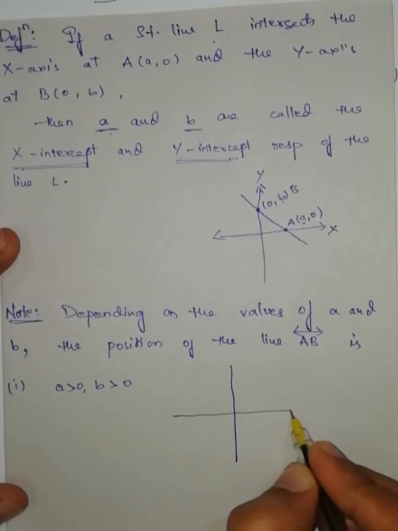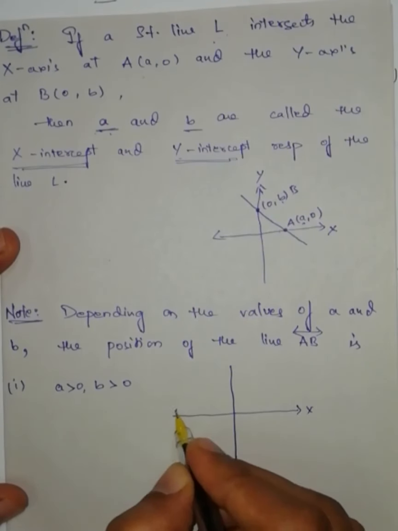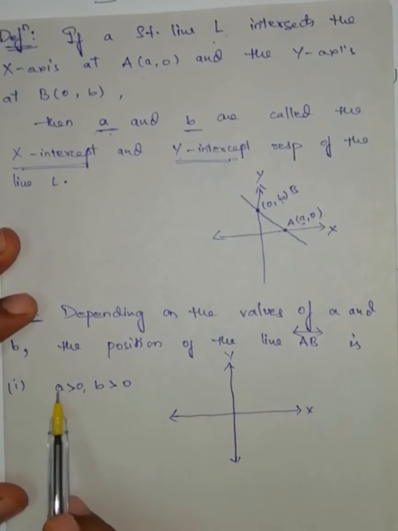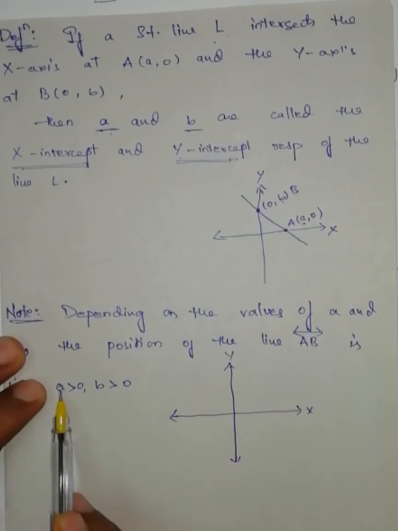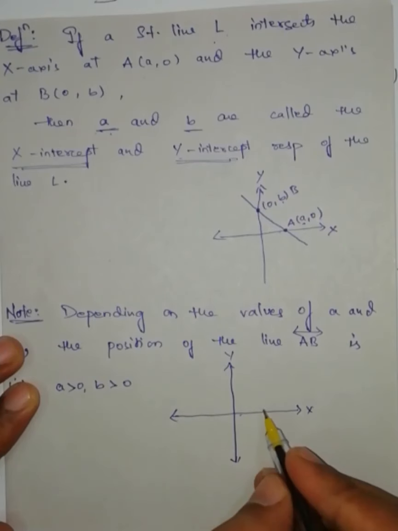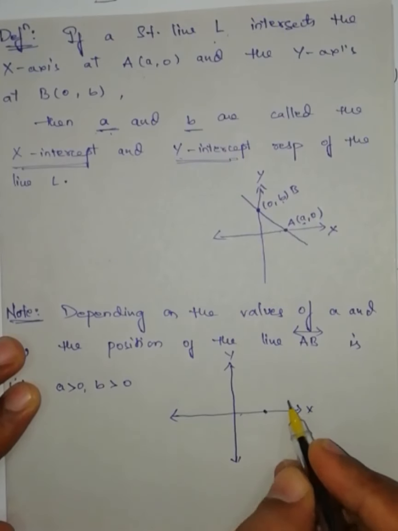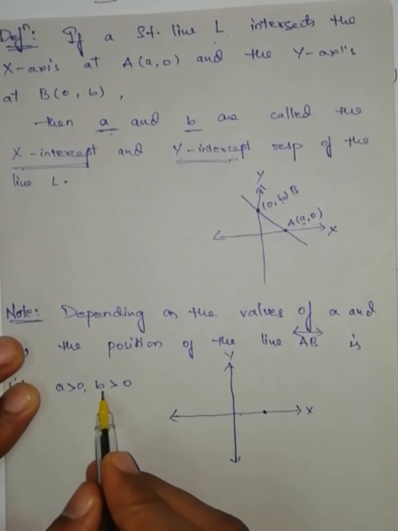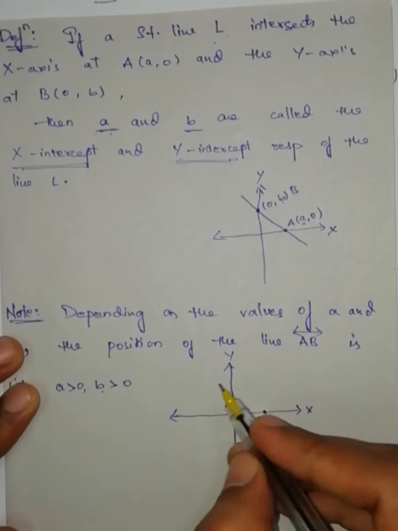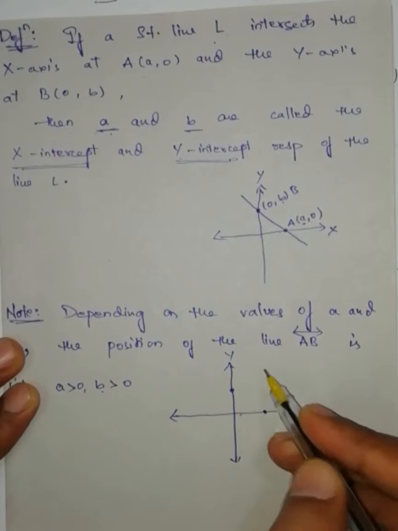means this is the coordinate axis, x-axis, and this is the y-axis. Now, A is the x-intercept, which is positive. We know that on the x-axis positive values lie here, then A will be somewhere here, and B is the y-intercept, which is positive. The positive part of the y-axis is this one, then B will lie here.